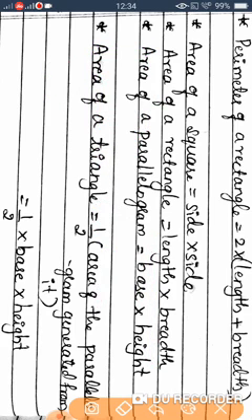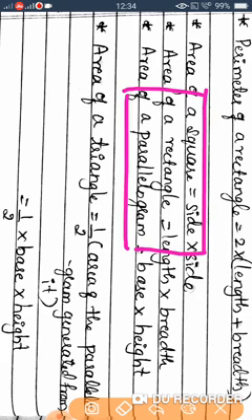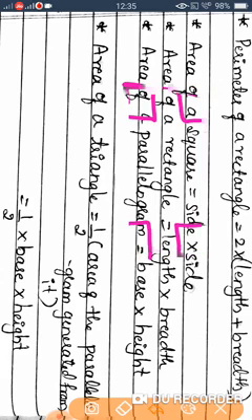If it is a parallelogram, it is a type of rectangle, but in a rectangle the condition is that the angle should be 90 degrees. There is no condition of 90 degrees for a parallelogram. So a rectangle is also a parallelogram.